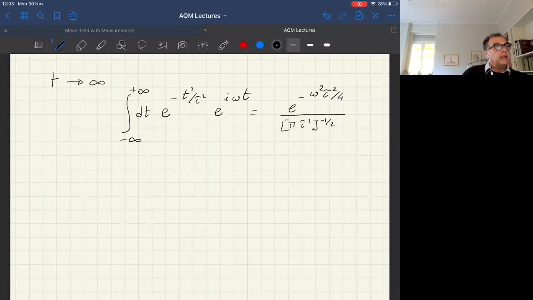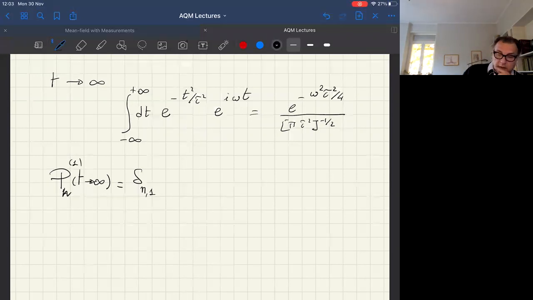If I plug in the expression for C1, I find one result which is interesting to discuss, and that's why I would like to discuss it. So P_n of t going to infinity is equal to delta n1, okay? Since it's first order in perturbation theory, this probability is different from 0 only to go from the ground state to the first excited state.